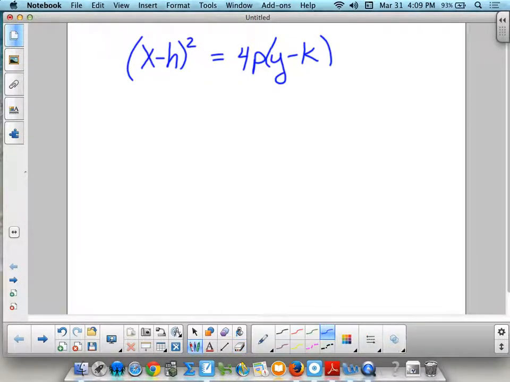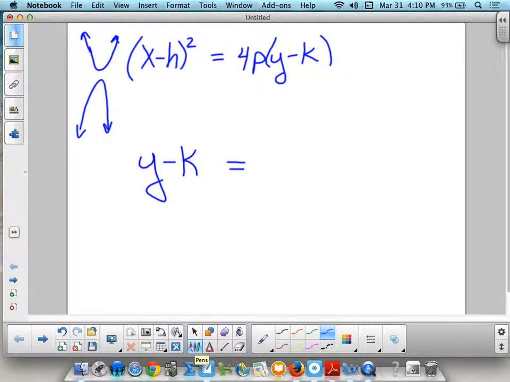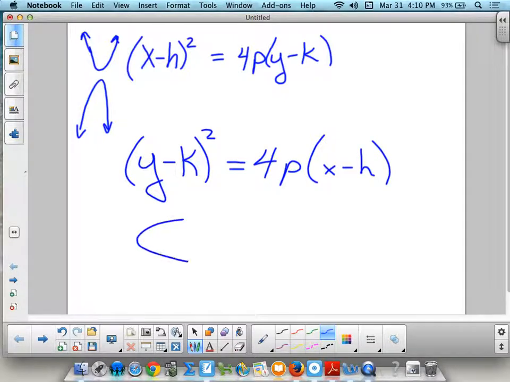That formula is only used when the parabola goes up or down. The other formula is (y minus k) squared equals 4p times (x minus h). Use this formula when the parabola goes right or left.